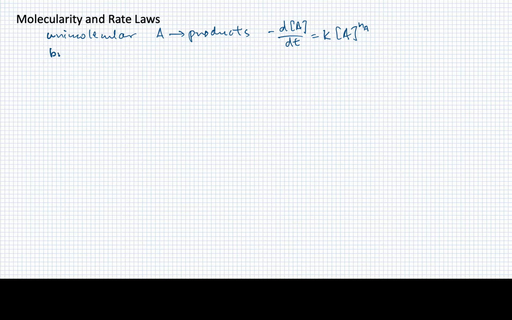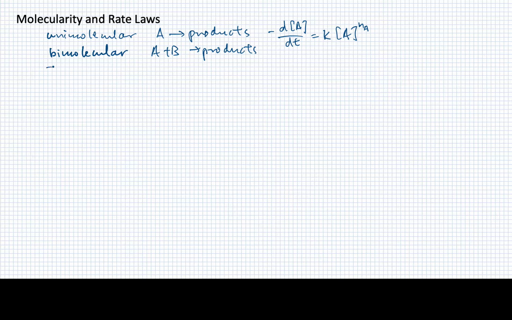But we've also seen that when we have a process, even as simple as a bimolecular process, which might involve A plus B going to products, if the differential rate law depends on both A and B, we get a more complicated expression. I won't reproduce that here, but I hope you recall from the end of the last video that we got a fairly interesting expression out of that, but not one that was very intuitive.